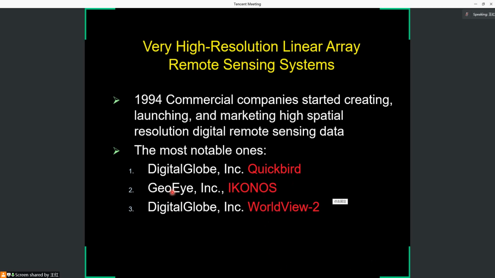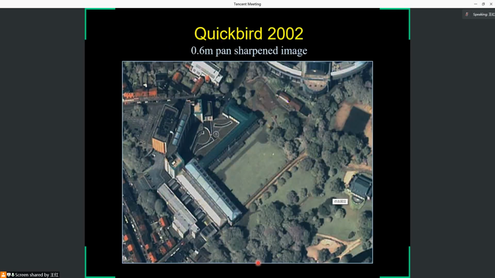You see here, IKONOS originally the company was GeoEye, but GeoEye was bought by DigitalGlobe, so no GeoEye. Only DigitalGlobe. So IKONOS is also from DigitalGlobe. And this is QuickBird 2002, and the spatial resolution is 0.6 meter in the pan-sharpened image, so it's very clear.